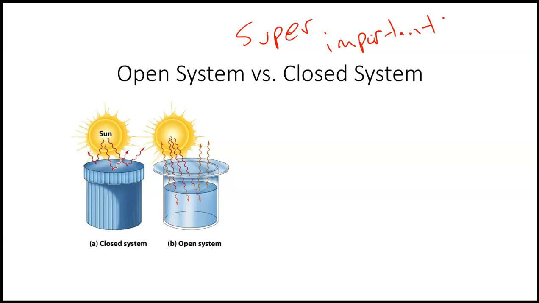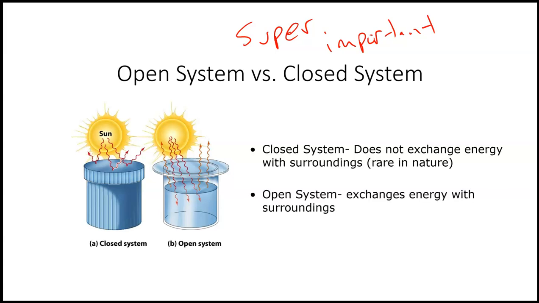So do we exchange energy or matter with the rest of the solar system and our universe here on Earth? Closed systems do not exchange energy with surroundings, and they don't actually exist in nature. Our closest approximation is maybe one of your insulated water bottles. The goal of the way it's built and what it's constructed of is to minimize energy transfer.